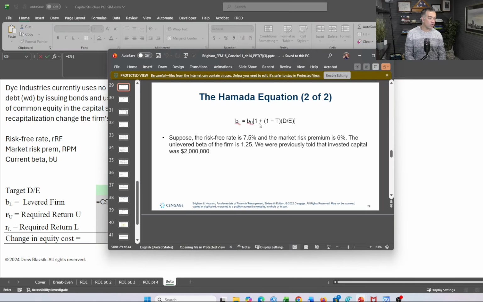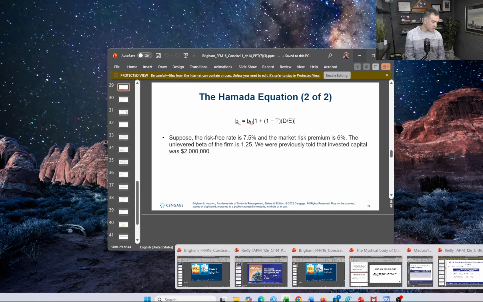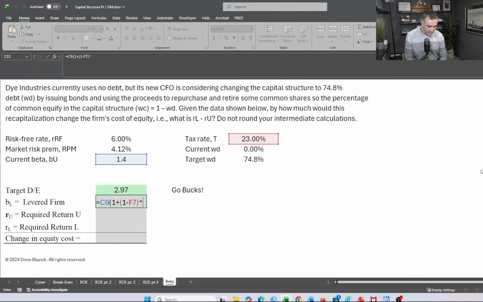So you get the unlevered, and you want to do 1 plus, and then we want to bracket that, and we want to do 1 minus t, which is the tax rate, 23%. And then I'm going to close that, and then multiply that directly times the debt to equity ratio, which is right there. And then I'm going to close the bracket.